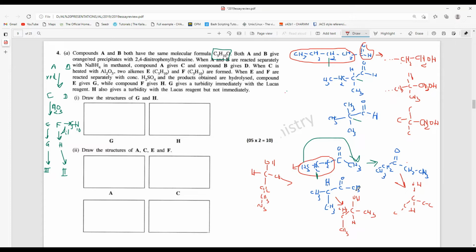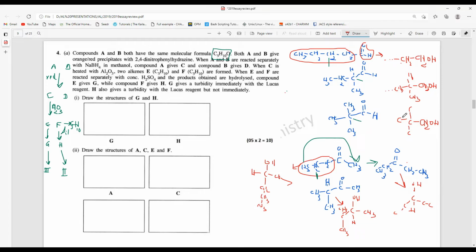Okay, so these are 3 structures that you can draw here. And what do you think about here? Is there a tertiary alcohol here? That is formed. So initially no, right?